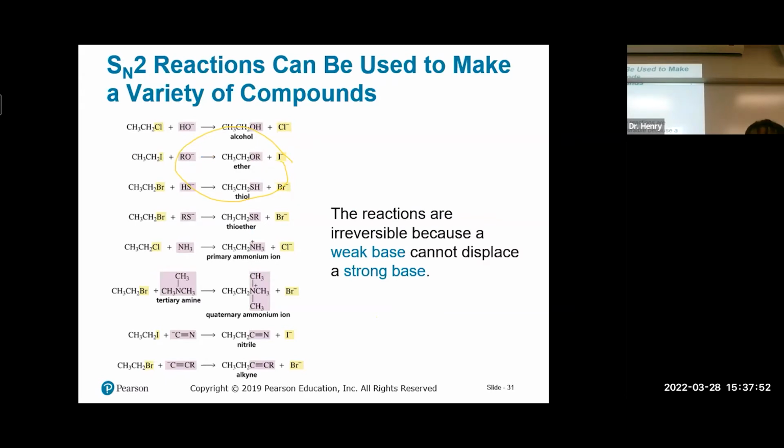Okay. So Sn2 reactions can basically be made up of a variety of compounds. Here we have the formation of an alcohol when we have a terminal halide and a hydroxyl group reacting.